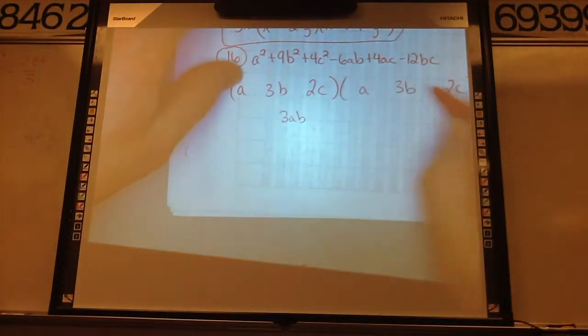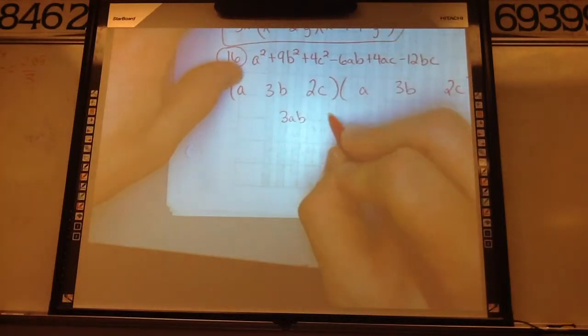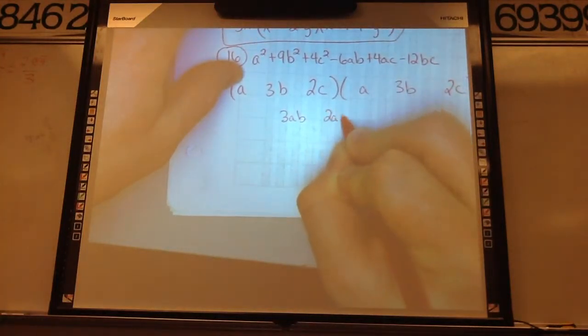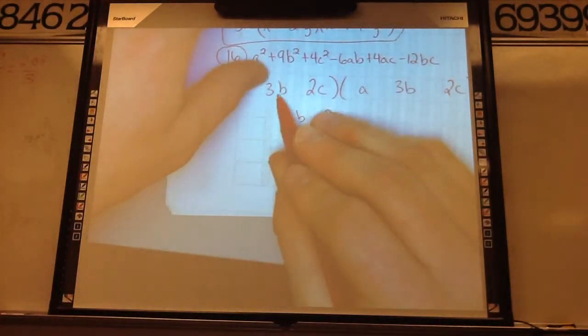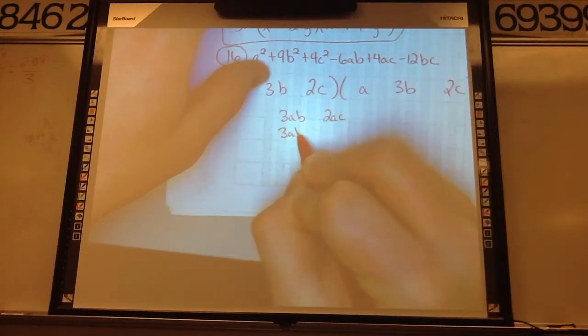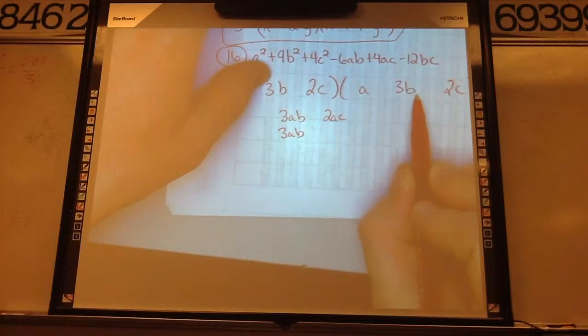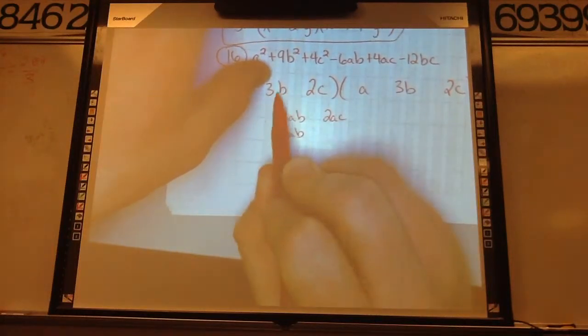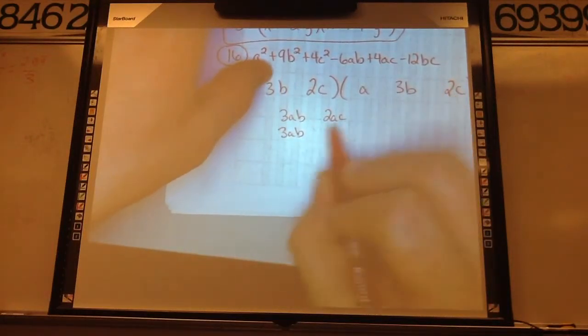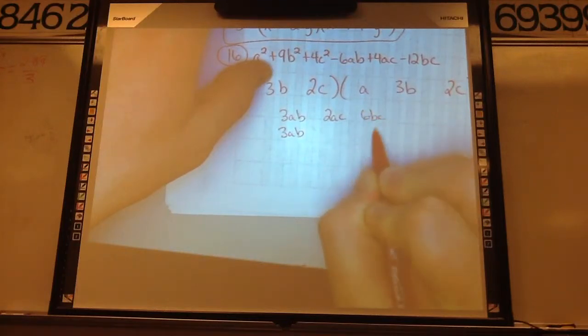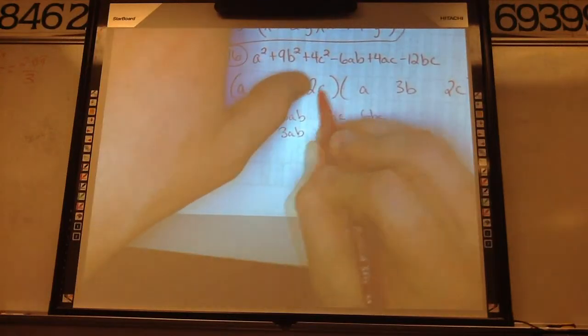I got A times 2C is 2AC. Then 9B squared, I'm already sure about that one. And then 6BC. So I write the ones together that go together. Then I come here, 2AC.